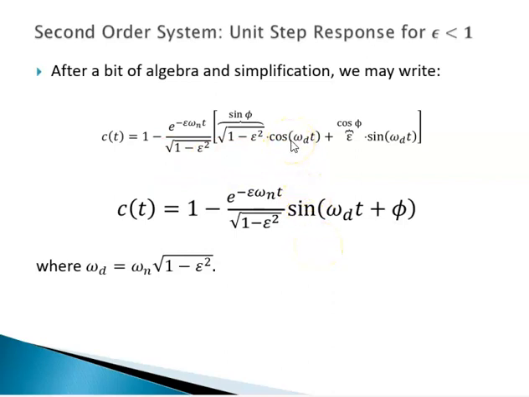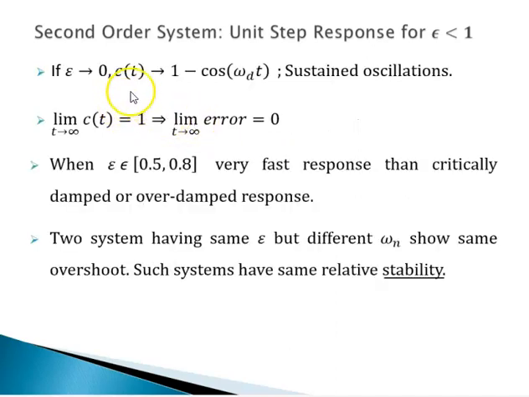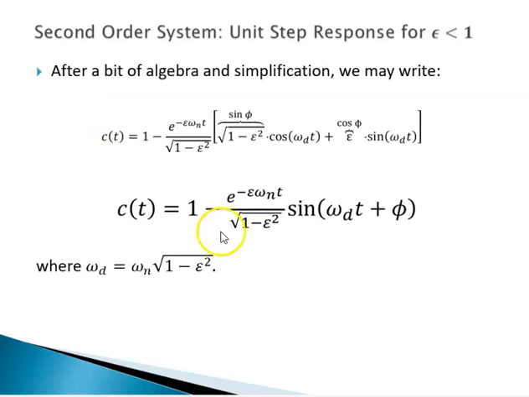Since cosine of a time dependent function is oscillatory with constant amplitude, when epsilon tends to 0, this output is oscillatory, with sustained oscillations. We also see that if time t tends to 0, this output is 1. That's very clearly seen here.